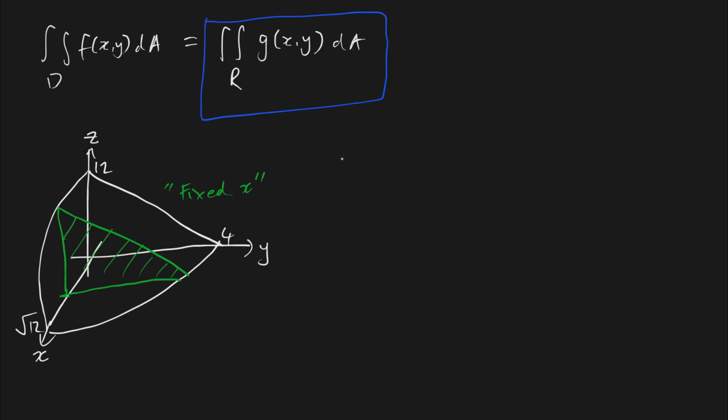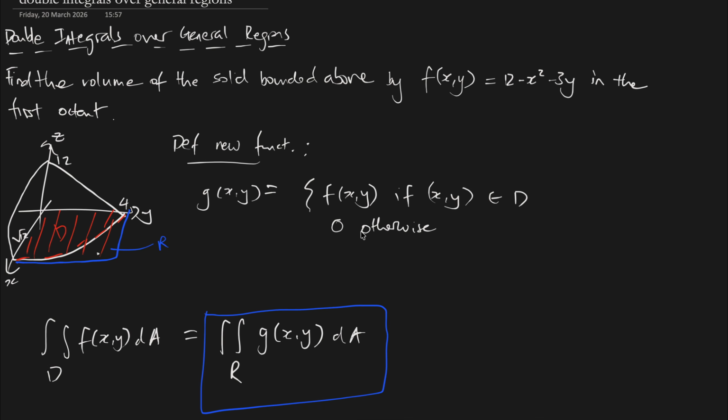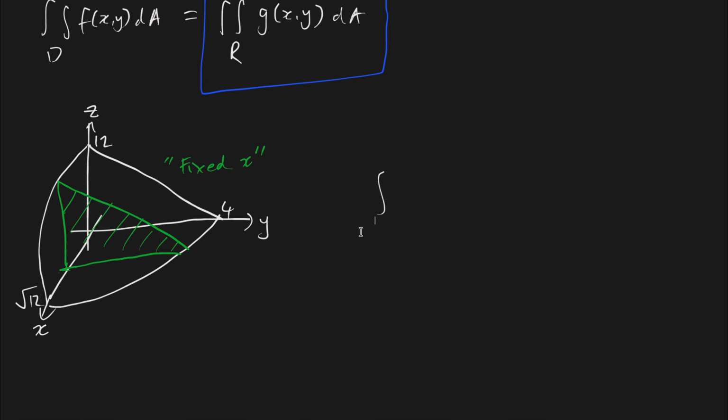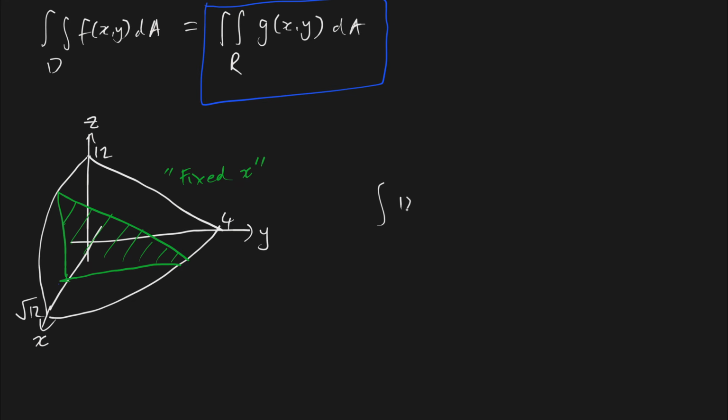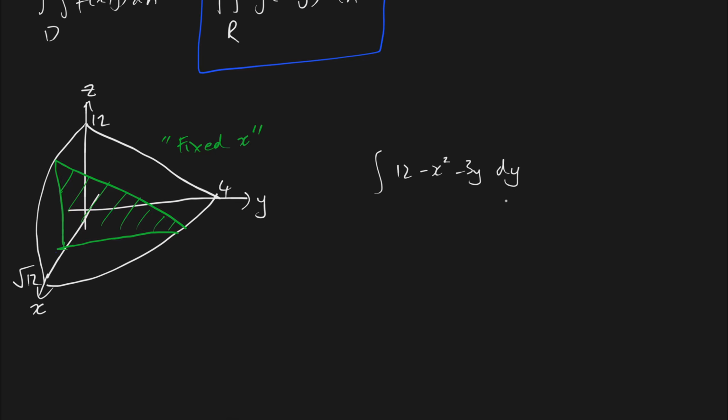So let's now set that up. We're integrating with respect to y. The original function is 12 minus x squared minus 3y, so 12 minus x squared minus 3y dy.